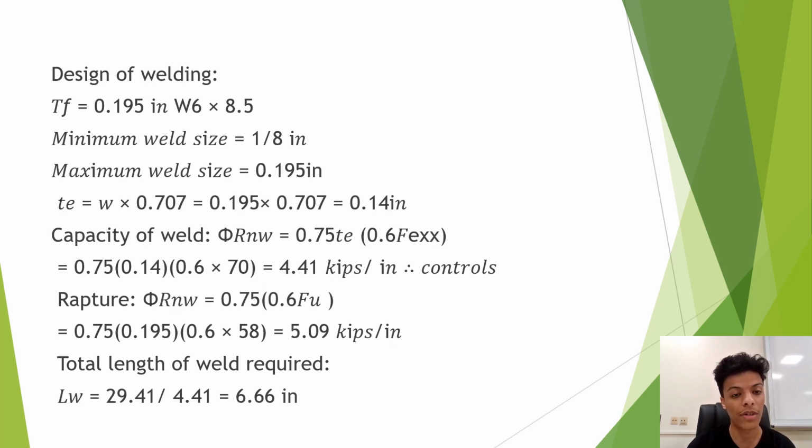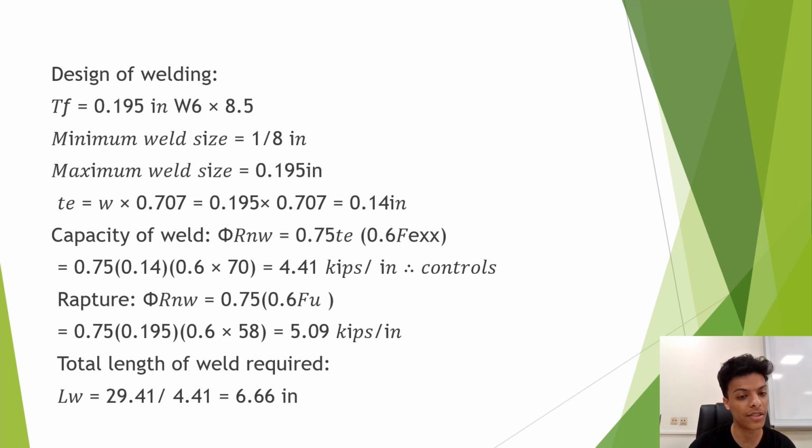For the minimum weld size, from the manual, the data sheet, we found it to be 1/8 inch, and the maximum weld size is equal to 0.195 inch. Then the throat value is equal to W times cosine 45, which is equal to 0.14 inch.